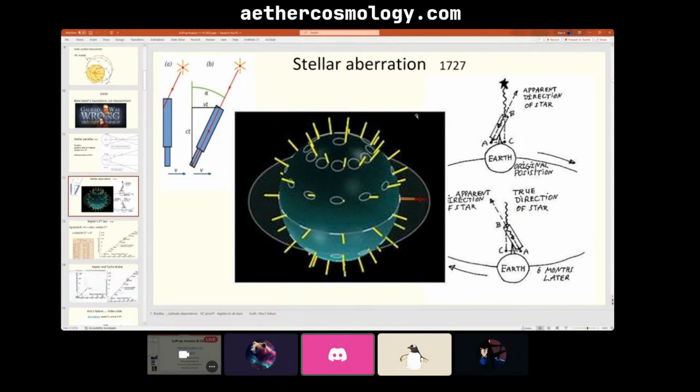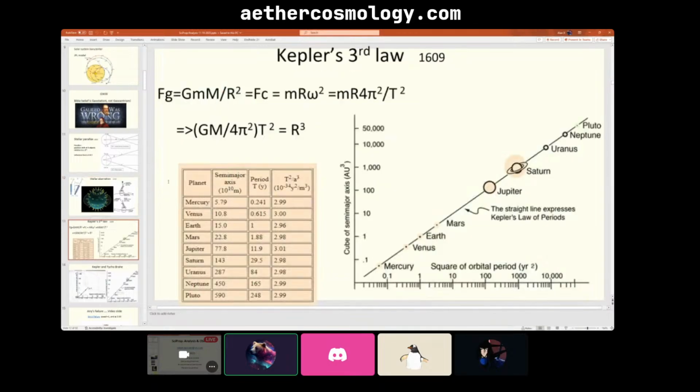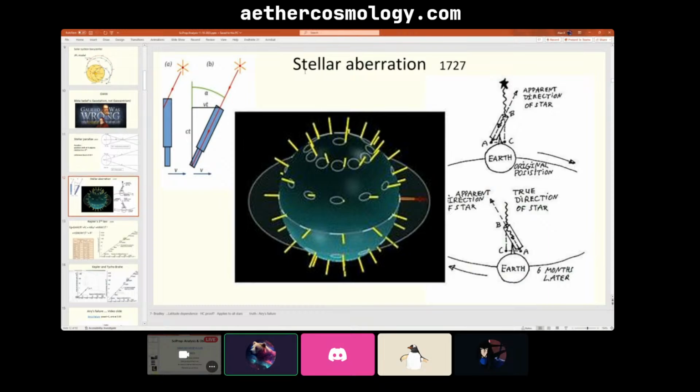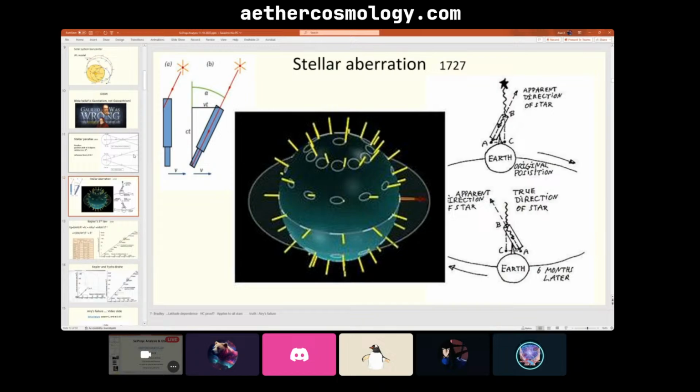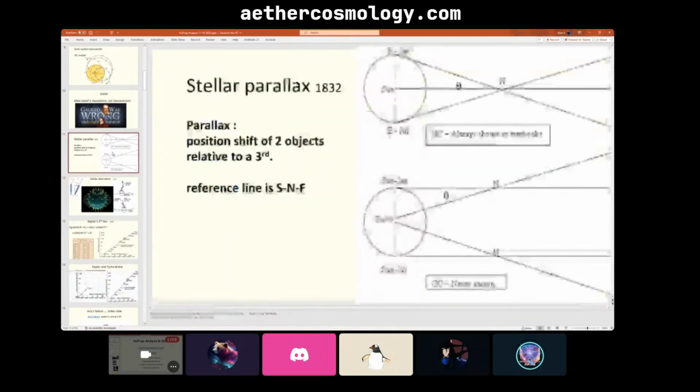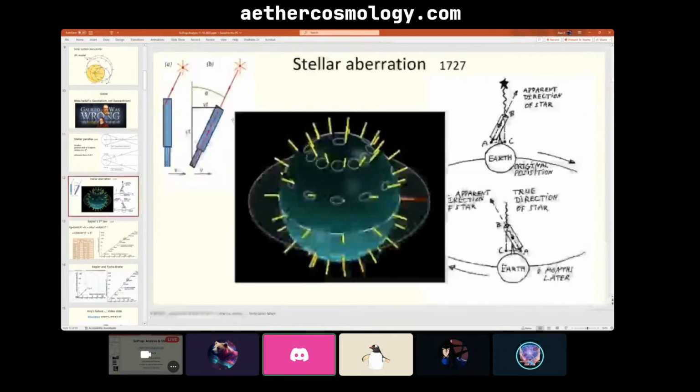You just had this stellar aberration slide, and then there was supposed to be a follow-up explanation, because this one is just for the heliocentric version, and then the next slide was Kepler's law. There was no follow-up to the stellar aberration. Well, the only slide I have is the one that you're showing.